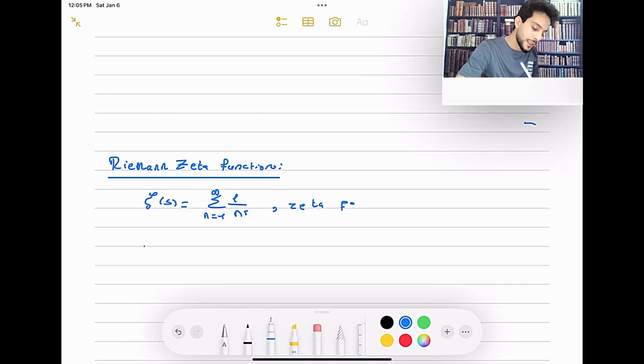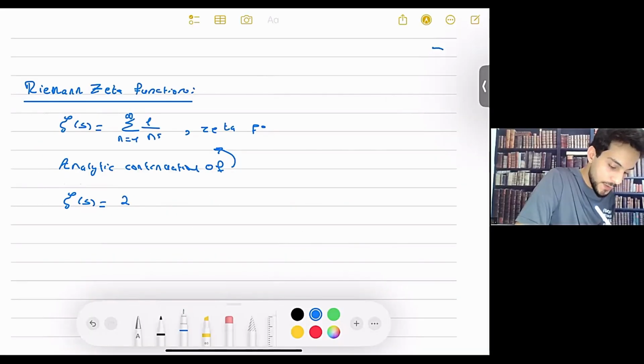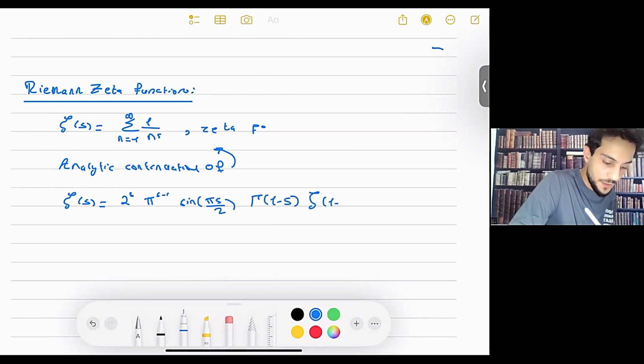So the analytic continuation of this function is given by 2 to the s, pi to the s minus 1, sine of pi s over 2, gamma of 1 minus s, zeta of 1 minus s.